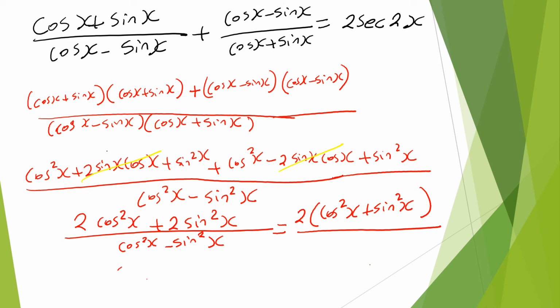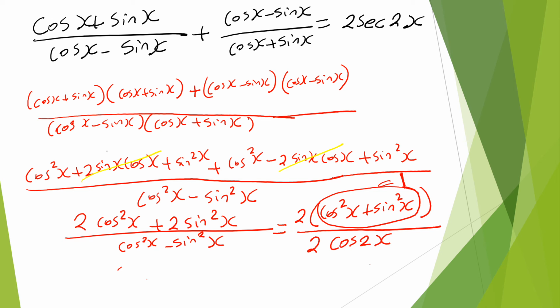Over. Now, cosine square minus sine square, if you look back into the identities, if you have the identities with you, it's the same as cosine 2a. Okay, so cosine square x minus sine square x is the same as cosine 2x. And this one is 1.